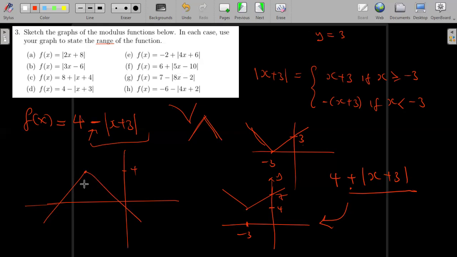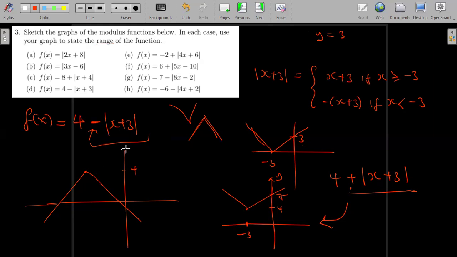Really, they are not most interested even in the axis, in the intercept, but where you're able to include them, you can include them. Where it is not viable or possible for you to include them, just leave it like that. But they're interested in sketching, and of course here they're interested in the range in the question.